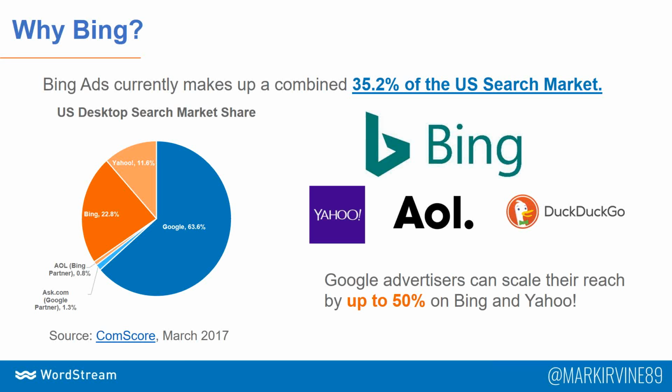So if you throw your ad on Bing, you have a lot of reach beyond just Bing.com. You have a lot of good partners in that mix with you. Whereas Google really only exists on Google.com. And so Google advertisers can scale their reach up to 50% just by including Bing and Yahoo in their media buy.